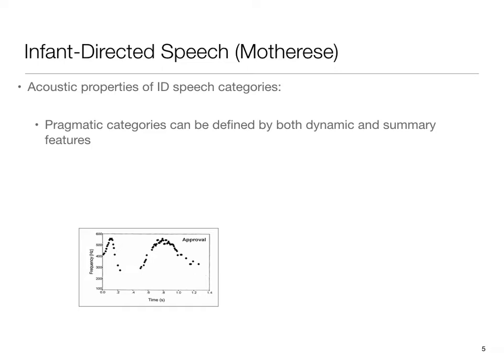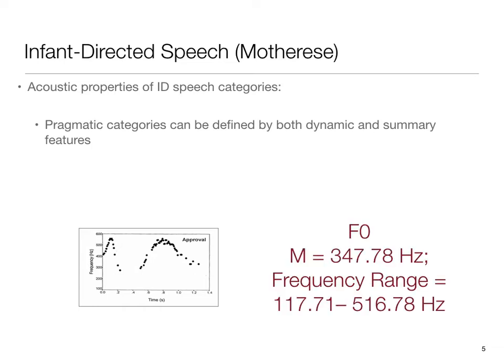So you can identify these categories both by these dynamic features, their shape, but also by summary features. For example, approvals have much higher pitch. They have a much higher fundamental frequency, which is this first number here, 347.78. So on average, they have a much higher frequency than comforting infant-directed speech does.